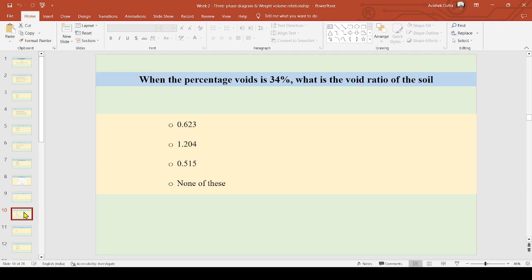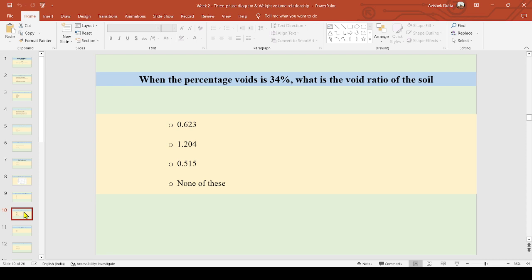When the percentage voids is 34%, what is the void ratio of the soil? Previously there was a question regarding the percentage voids. What is its other name? Now if you find out the other name, then with that the value given over here is 34%. Then using that, how can you determine the void ratio of the soil?